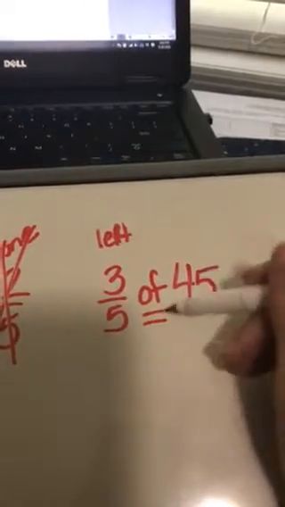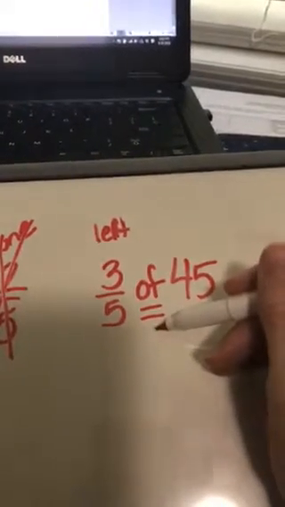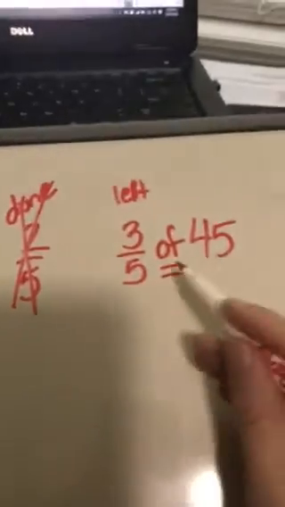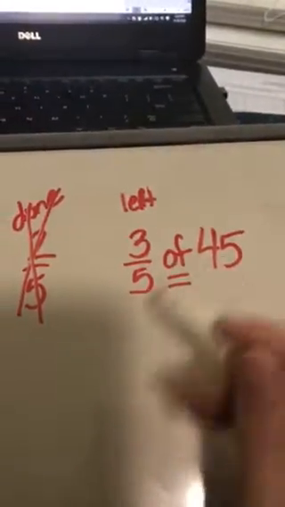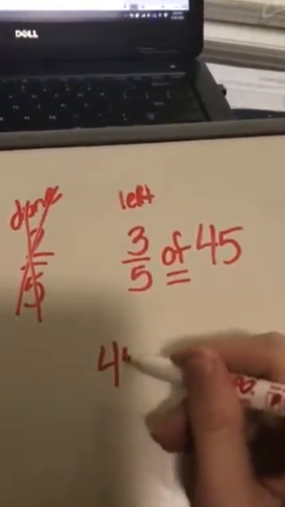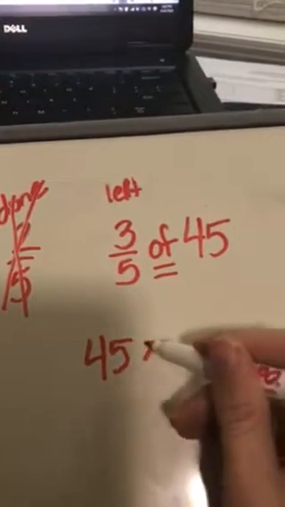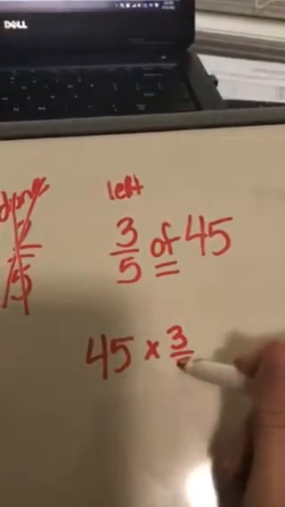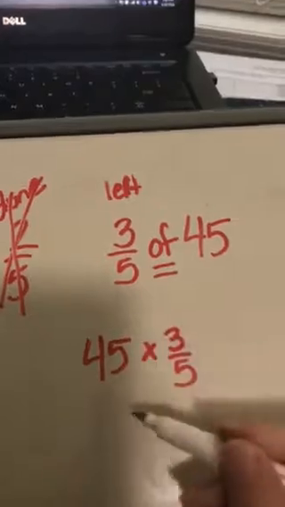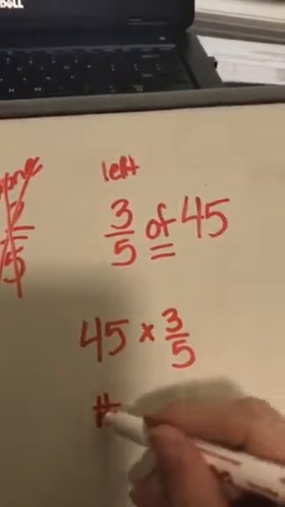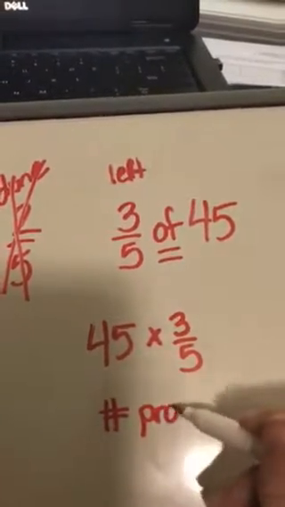The word of here is going to mean multiply. And again, I can do multiplication in either order. So I could say 45 times 3/5. And this is how I figure out the total number of problems that you have left to complete.